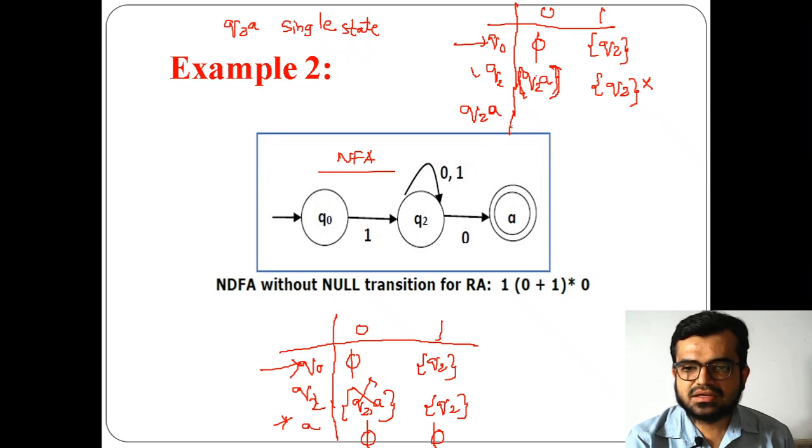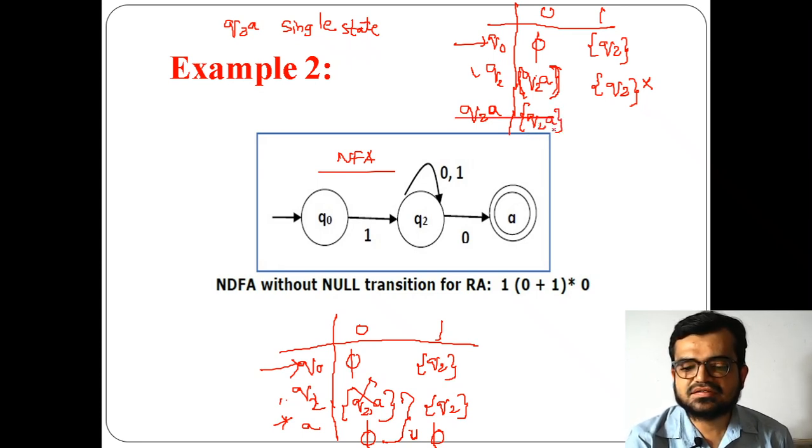So when I am taking Q2A, what is going to happen? I have to perform the union operation on Q2 and A. If you perform the union operation here, I can simply write Q2A as a single state only, remember.